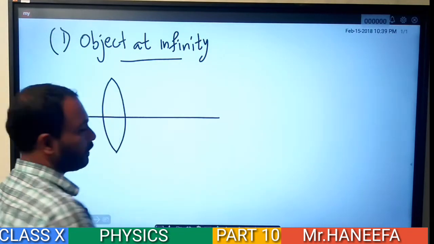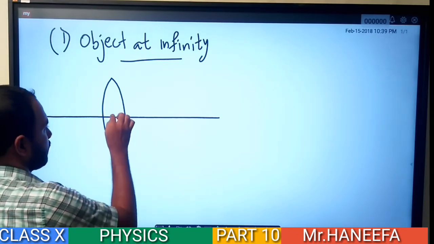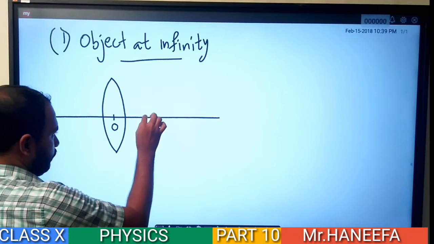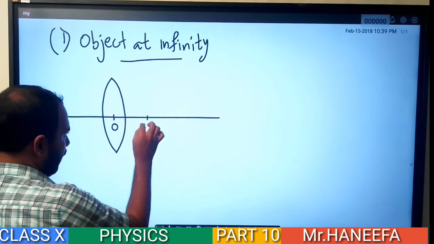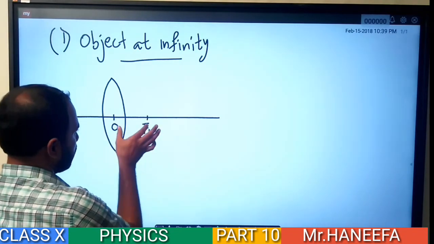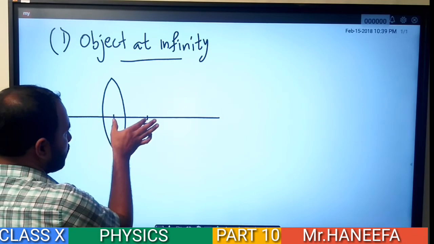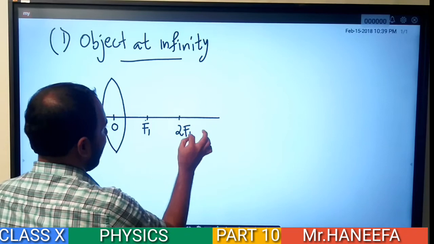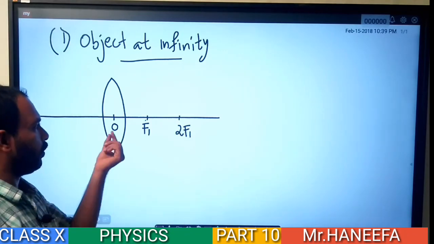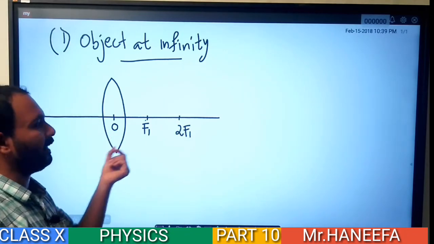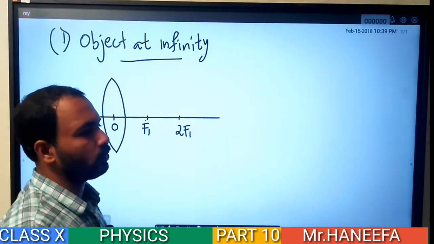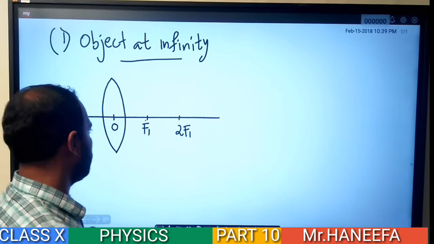This line is called the principal axis. It is O. This is F1. So similar to this distance, this is 2F1. The distance between O and F1 and the distance between F1 and 2F1 should be equal.